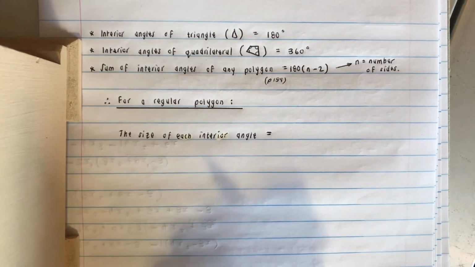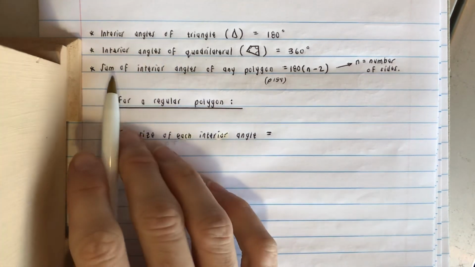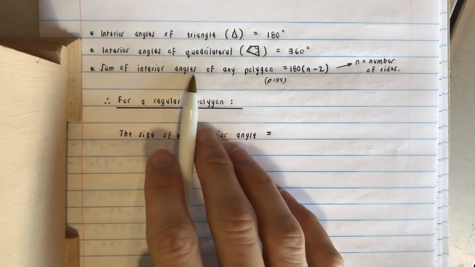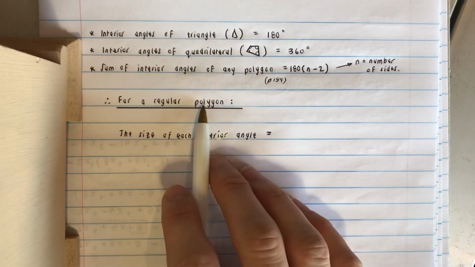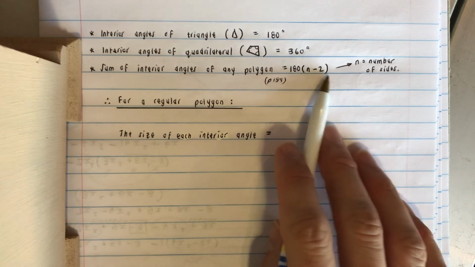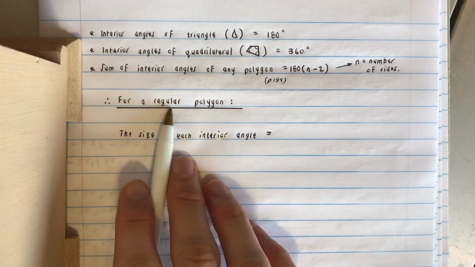That's what a regular polygon is. All the interior angles are the same. Now, if we know that the sum of the interior angles of any polygon, also including a regular polygon, is that, what can we say about each interior angle of a regular polygon?